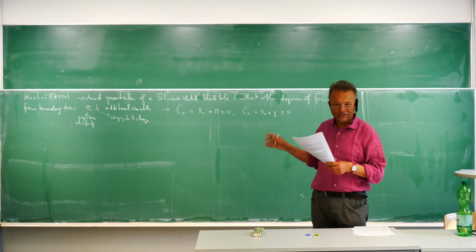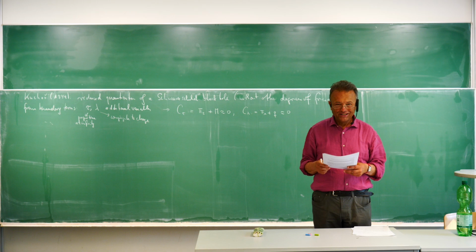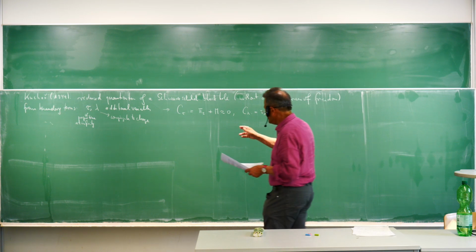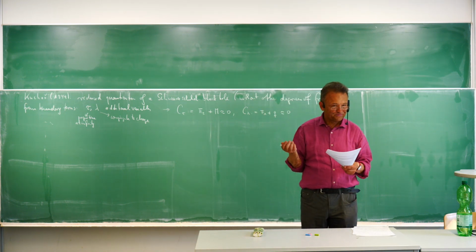I mean, when I give this to you as a result, of course, you can immediately quantize, because you just apply this on wave functions, set it to 0, and the momenta are h bar over i derivatives.